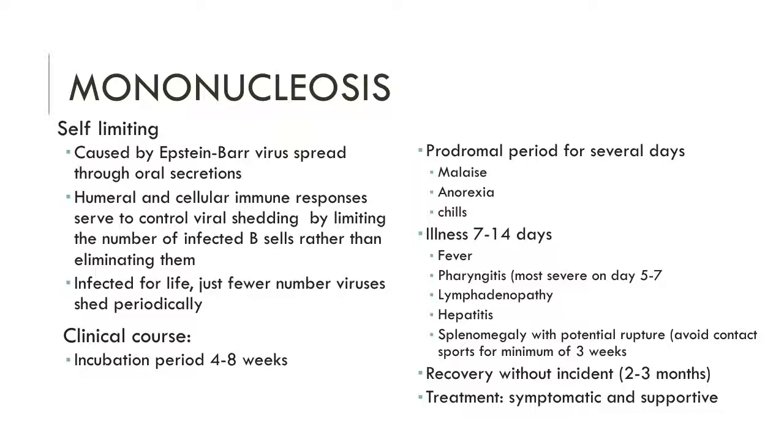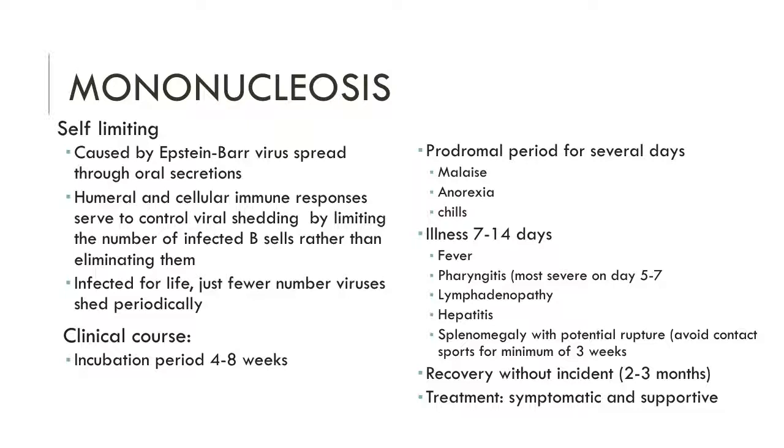In the clinical course, the incubation period is anywhere from 4 to 8 weeks. There's a prodromal period for several days where the person just feels yucky. They may not feel like eating, and they may have a little bit of fever and chills.